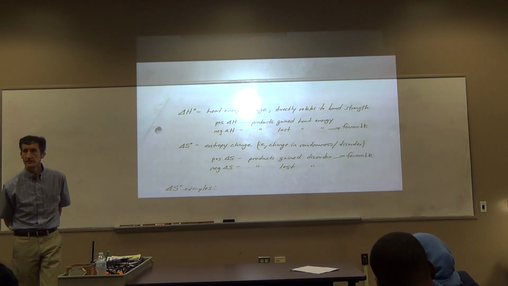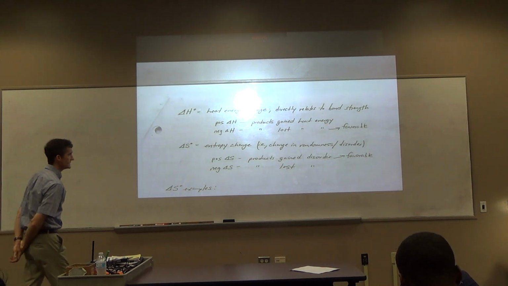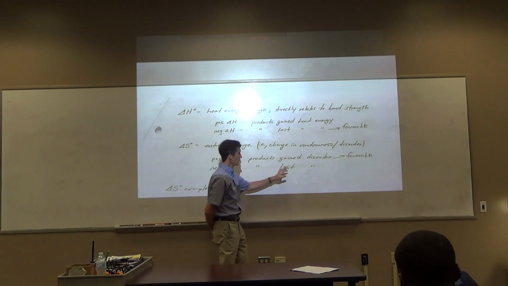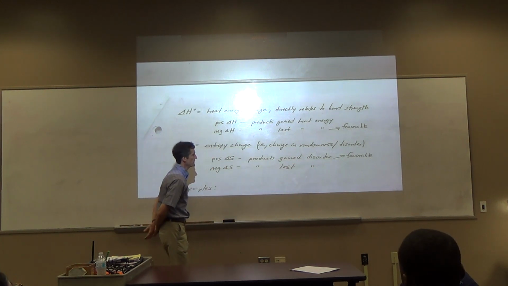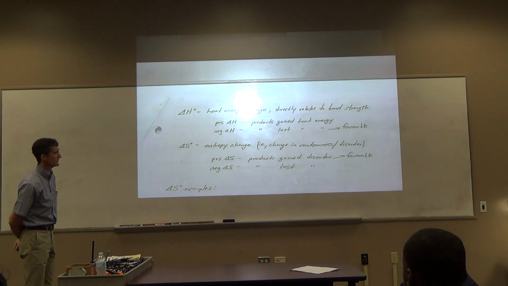Disorder is favored in nature. That would be positive because it's disorder. We say the system has gained disorder. It's almost like a double negative, but positive is favorable there.